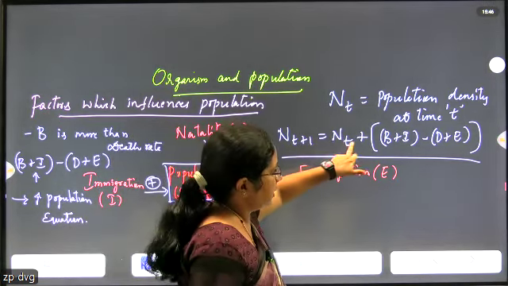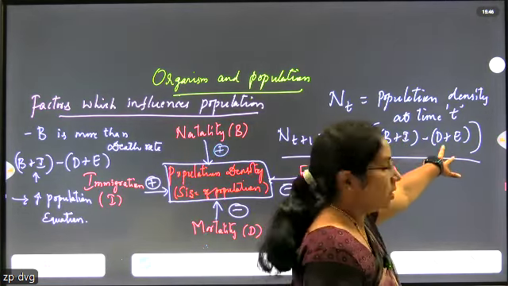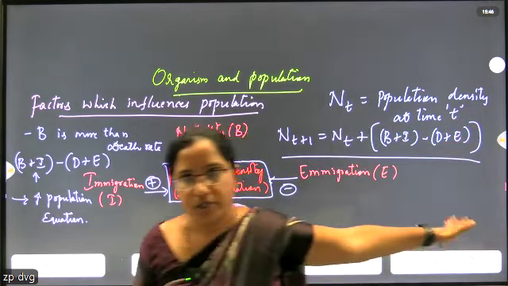Nt is the population density at time t, B is natality rate, birth rate, I is immigration rate, D is mortality rate, and E is emigration rate.